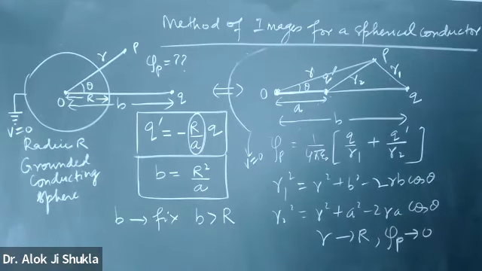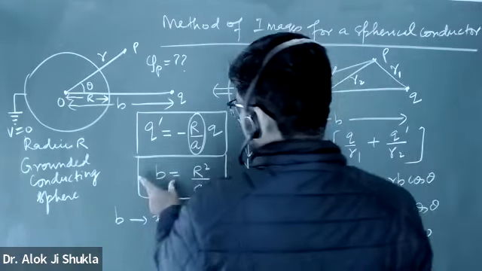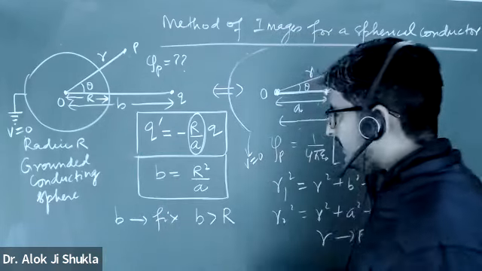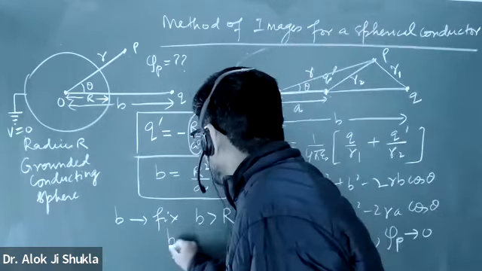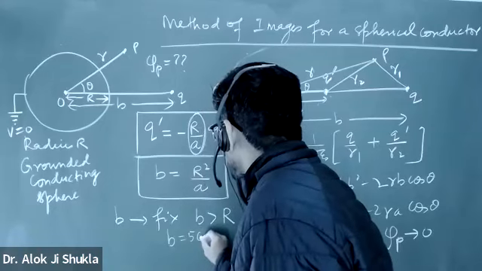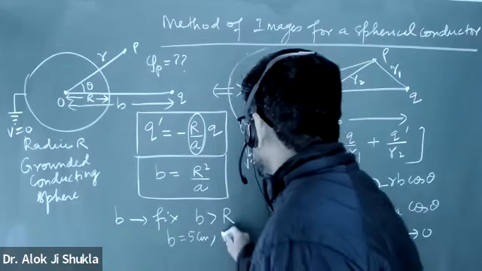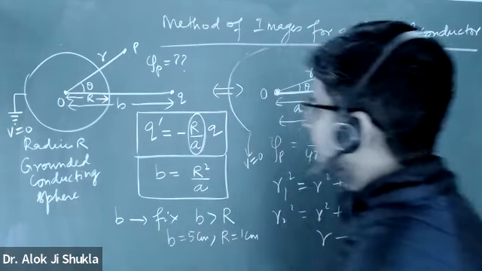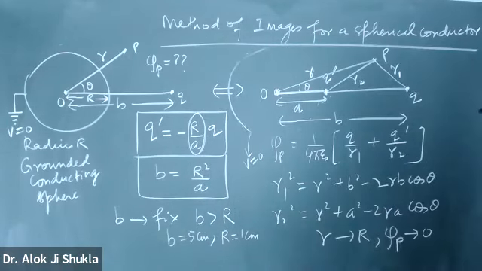So suppose b is 5 centimeter and the radius is, suppose I take 1 centimeter. Okay, I can take it like this.